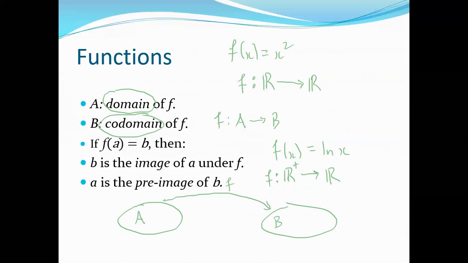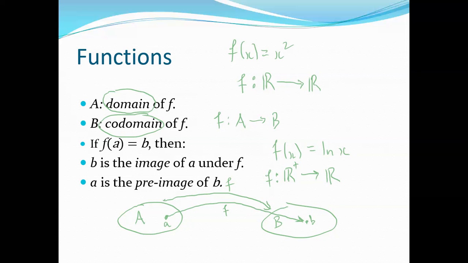F takes us from the input set A to the output set B. If I take this element, little a, where does it go under f? It goes to little b. So f takes little a to little b, and b is called the image of a under f.